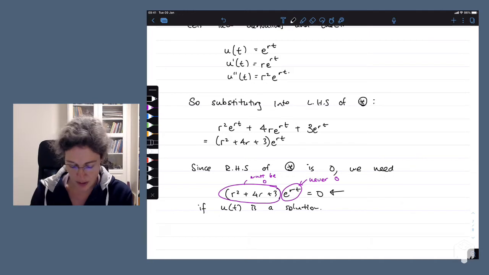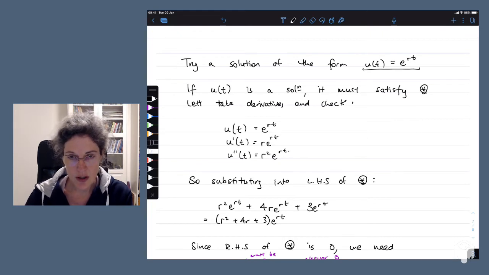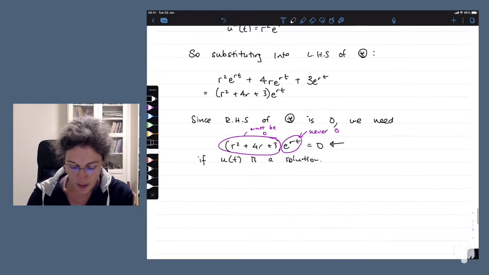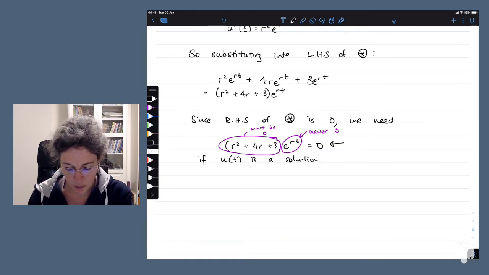So what we've worked out is that we can certainly have a solution of this form, e to the rt, if the r's meet a particular criterion, and that criterion is that r squared plus 4r plus 3 equals 0.